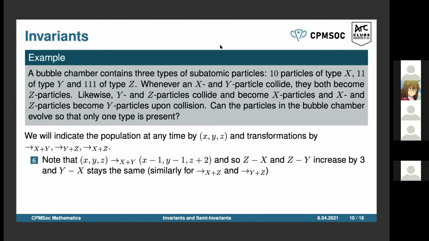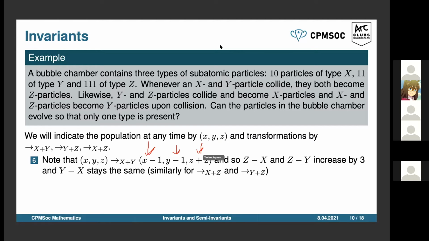All right, so now we're going to do the general case to prove this invariant is true. In the general case, we can just label the number of x's, y's, and z's as lowercase x, y, and z. Now if you collide x and y, the number of x's goes down by 1, the number of y's goes down by 1, and the number of z's goes up by 2.